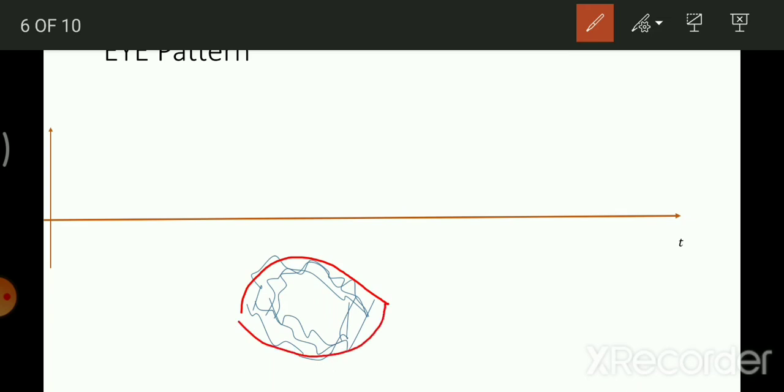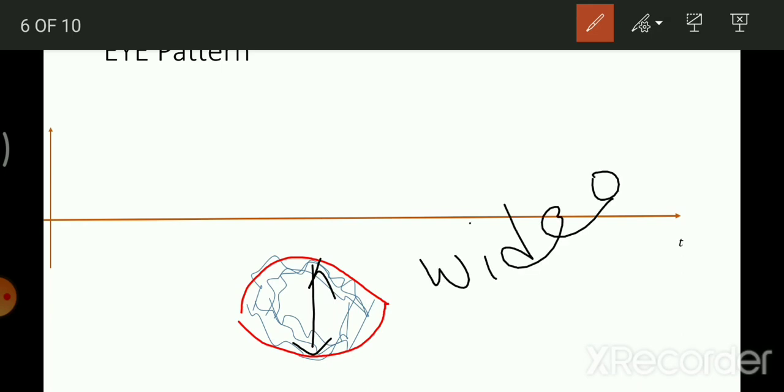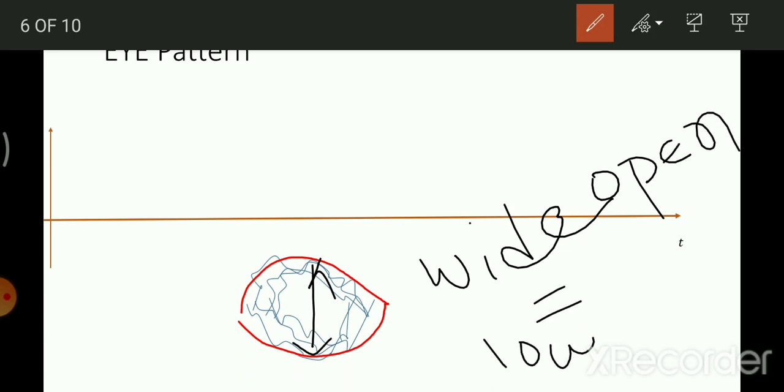If the eye is wide open, it means low ISI, low distortion.